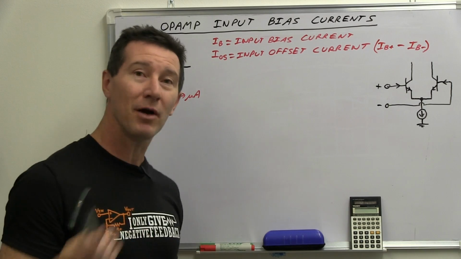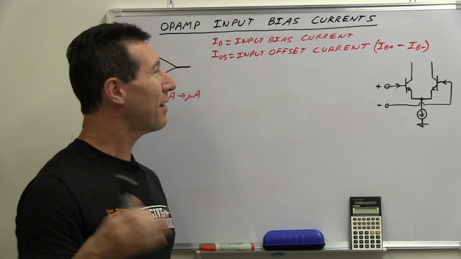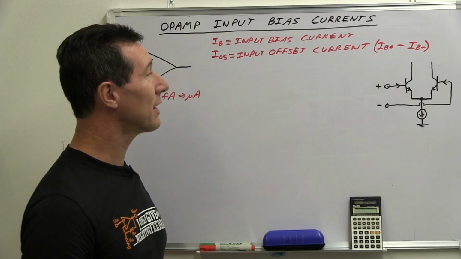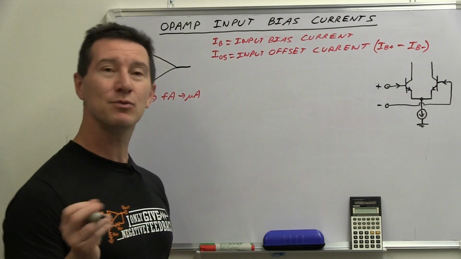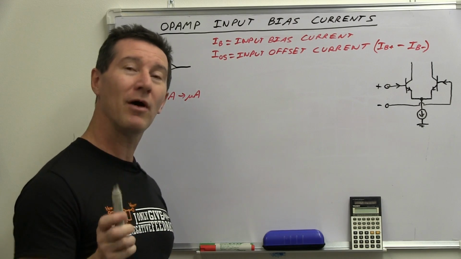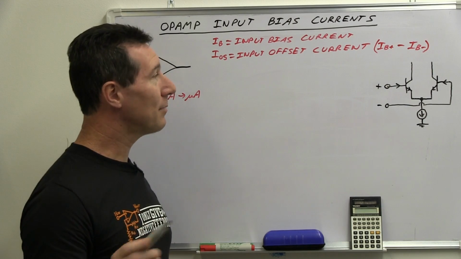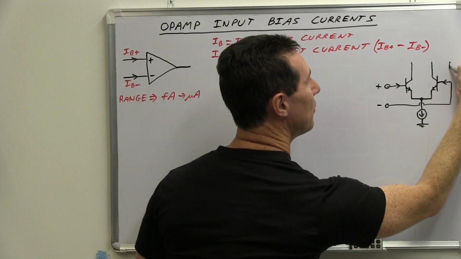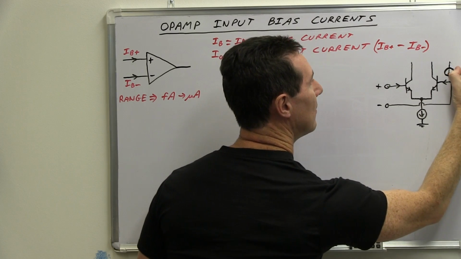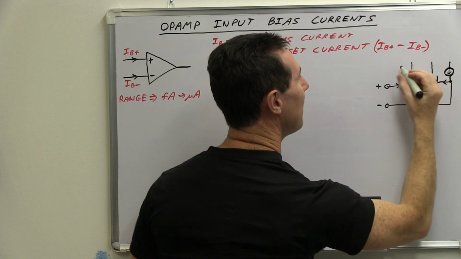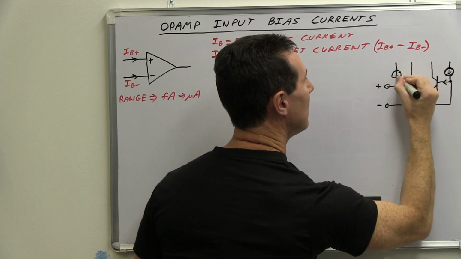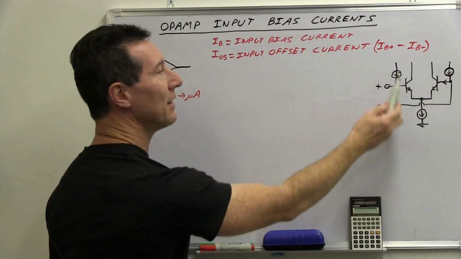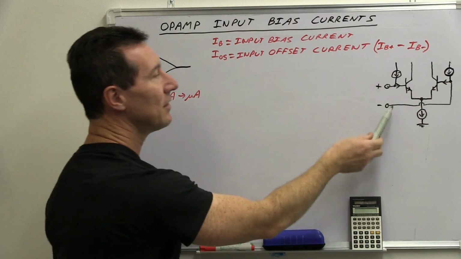It's still using the bipolar manufacturing process, but there's issues with that in terms of bandwidth and all sorts of things, which I won't go into. And the other way to do it is what's called a bias offset operational amplifier, or a bias offset input. And what they do is they actually put in a current source in there and in here as well, so that that biases the transistor instead of the input bias current.